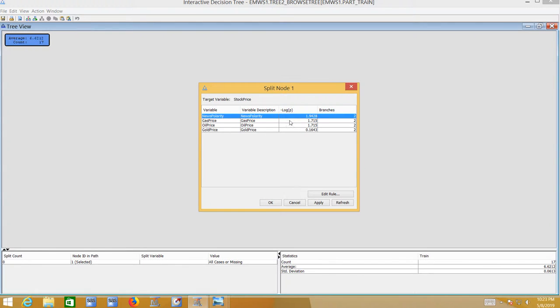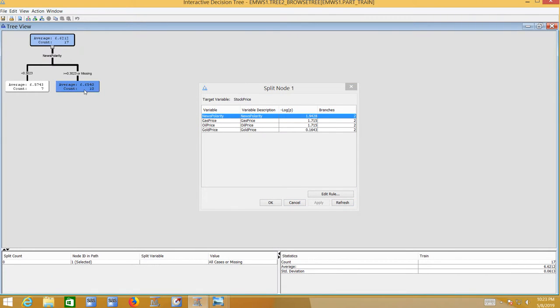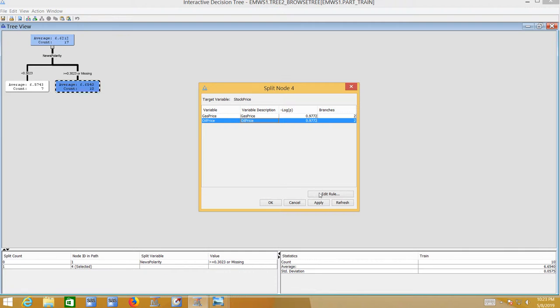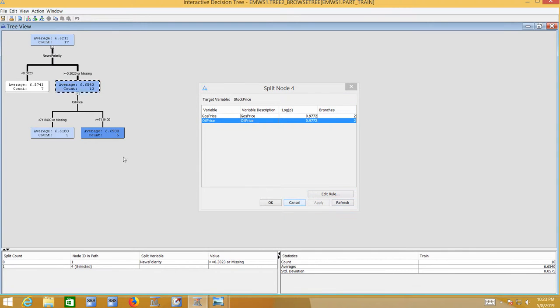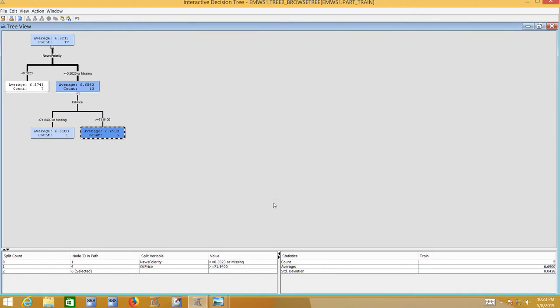For the split node, as you can see here, news polarity has the most information gain, so I select this one and apply it here. The next one should be between gas price or oil price. Okay, I select oil price and complete the tree, and there is no more explanation here. And this is our model.